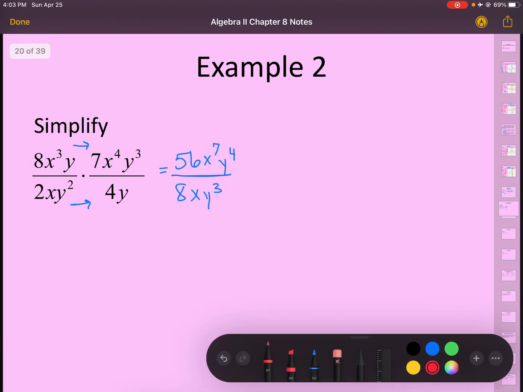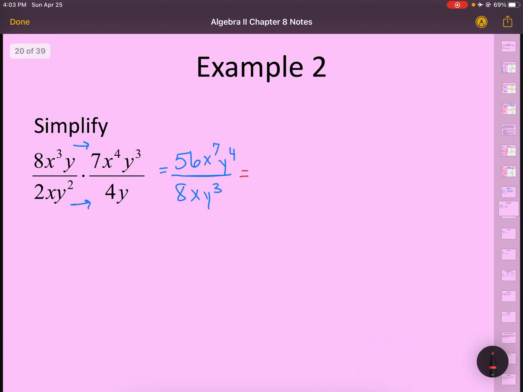If we break this one apart, there's an 8 in the denominator, and 8 is a factor of 56. So I'm going to break apart 56 using a factor of 8 and 7. If I compare my x's with the denominator, I only have one x in the bottom, so I can only pull one x out. So I'm going to be left with 6 up top. And in the denominator, I only have 3 y's, and in the numerator, I have 4. So I can pull out 3 of them to cancel out and be left with one of them.